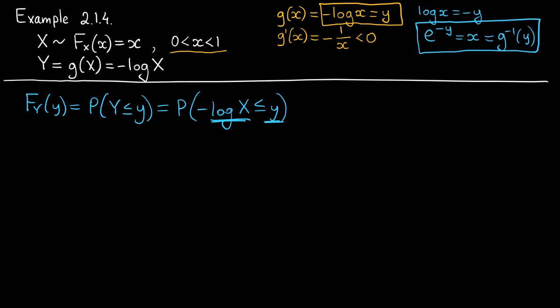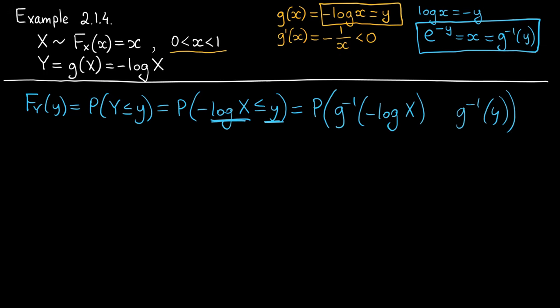We want to transport them to the range of variable x by applying the inverse function to both of them. So let's do that. And now what is the sign going to be? Well, because g is strictly decreasing, the sign will reverse.